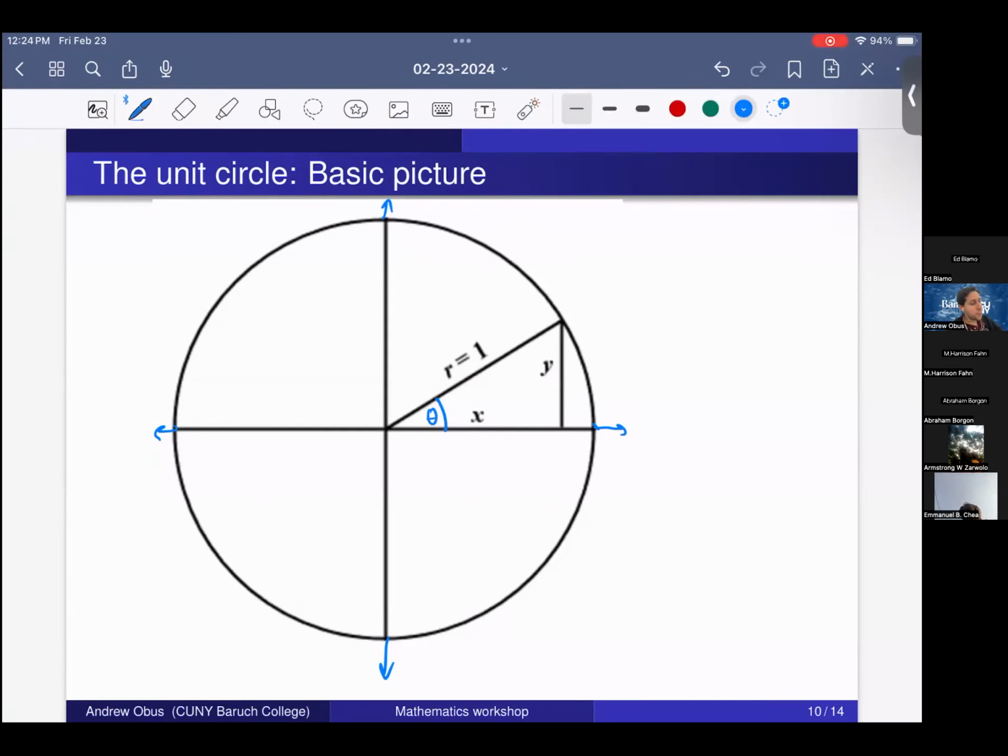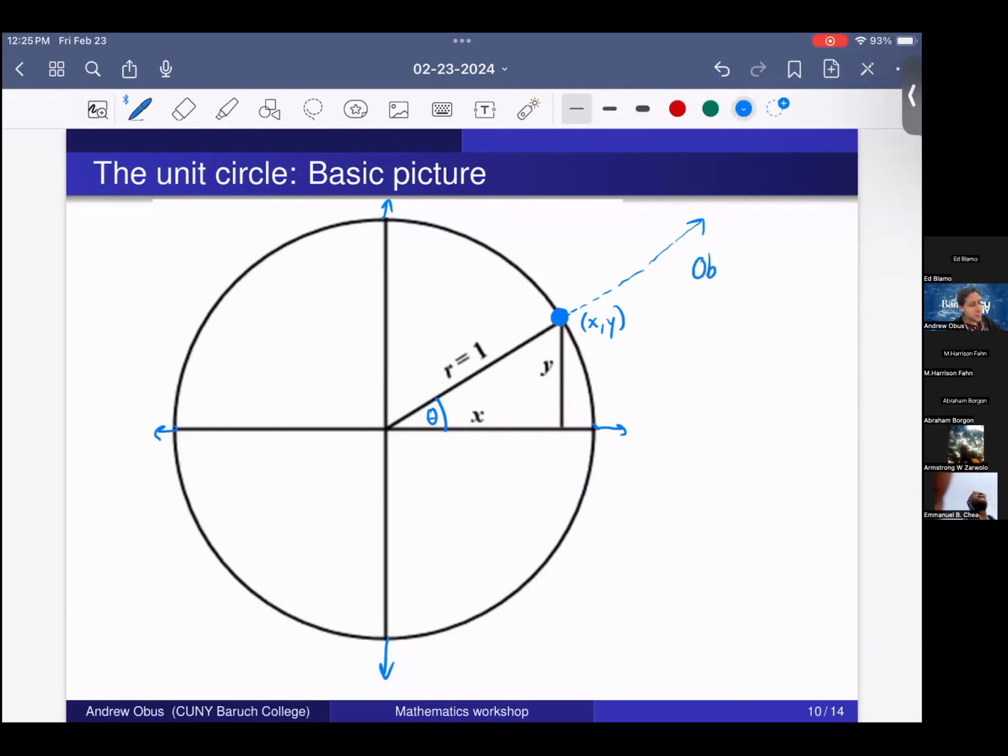Well, we can look at this point where the ray at angle theta hits the unit circle. I can extend it to infinity if I want to, but all that matters is the point where it hits it. This is the point x comma y, right? And so what this tells us is that we have here an x-coordinate of x and a y-coordinate of y.